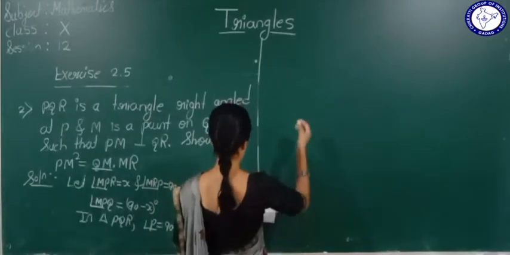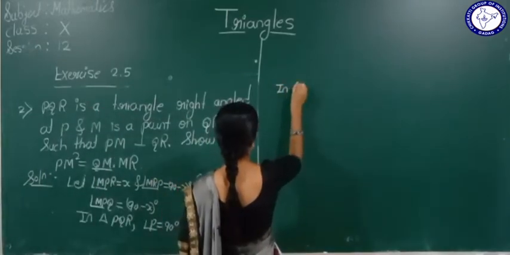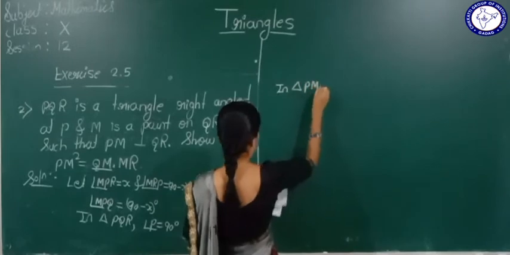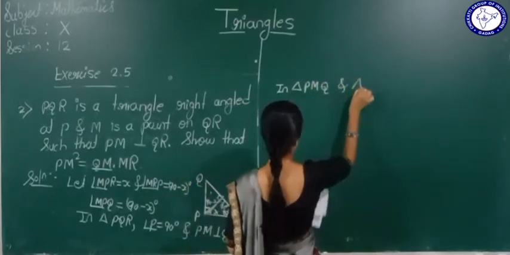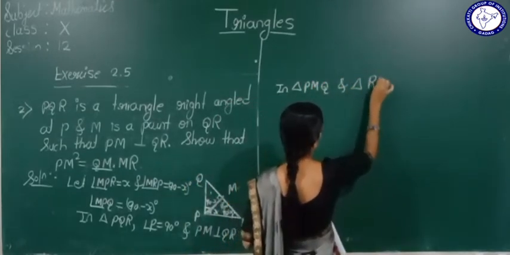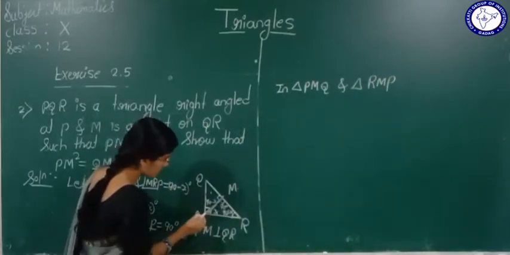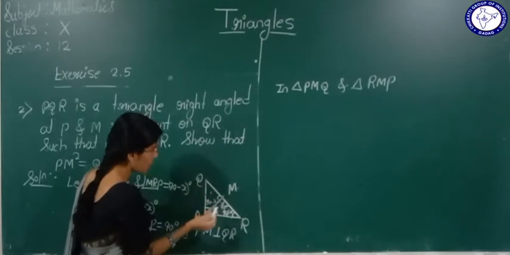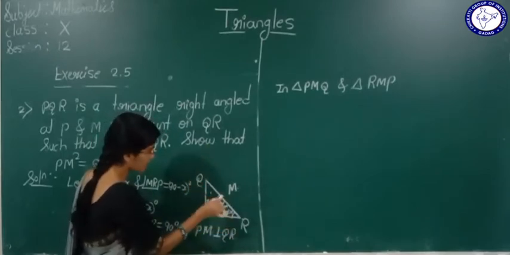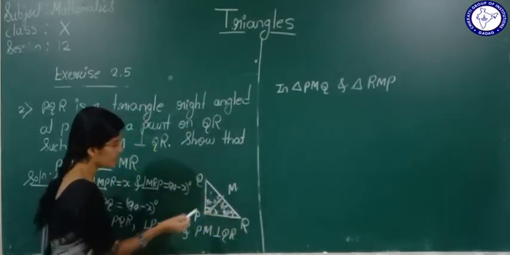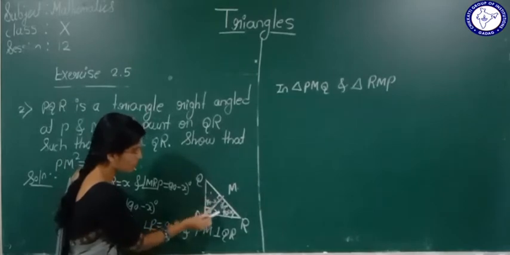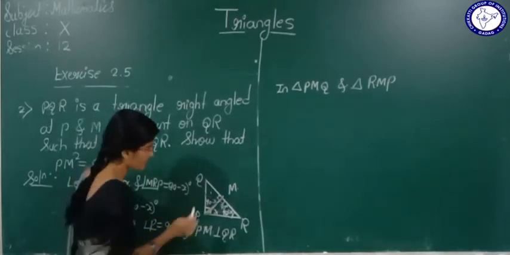Now, in triangle PMQ and triangle RMP, tell me, in these two triangles, what is the same?